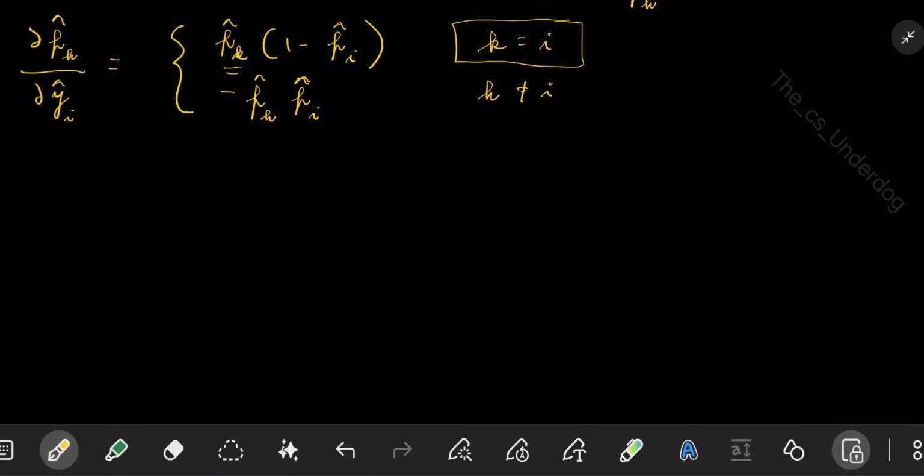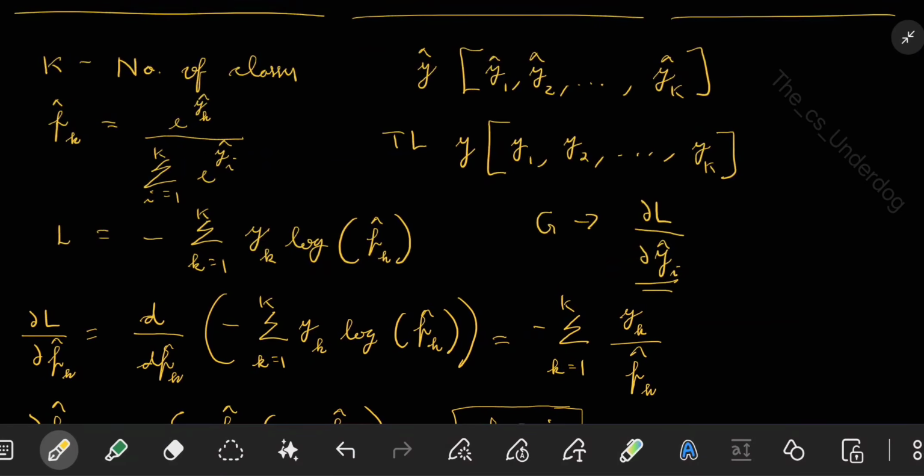First of all, what is this value pk cap? Pk cap is what you want to take the derivative of with respect to y cap. So first you want to know what is pk cap. We already found this here. This is your pk cap: e power yk cap divided by sigma i equal to 1 to k e power yi cap.